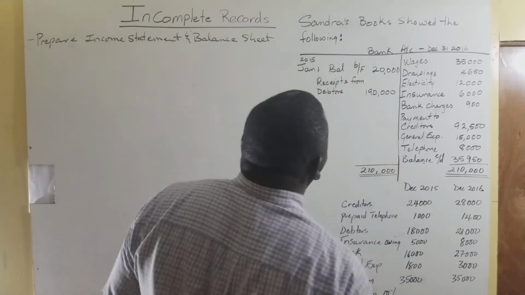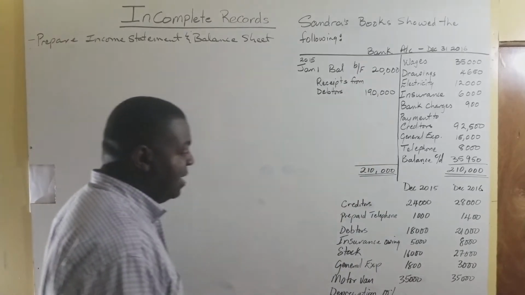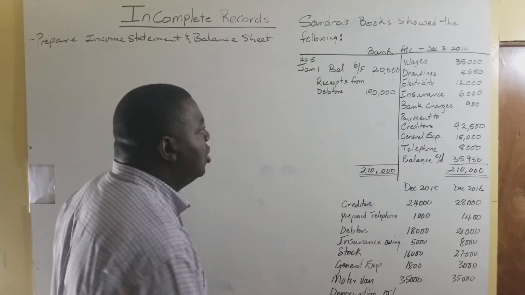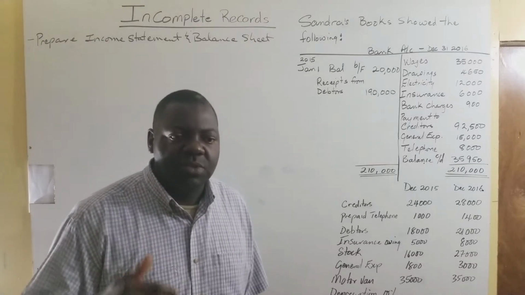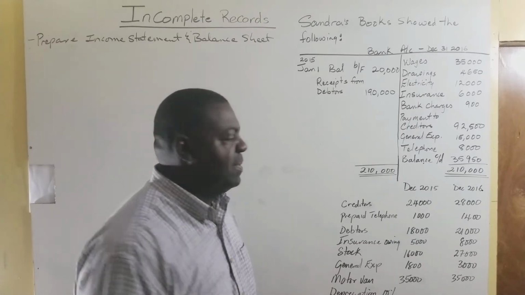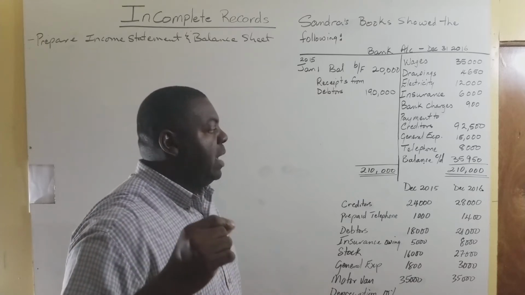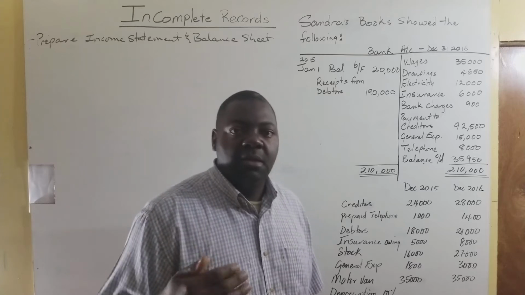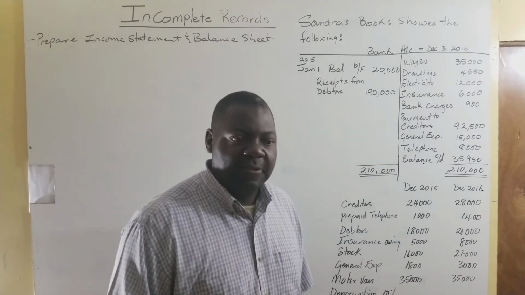We're working with Sandra's books, and this is what she has provided us. So the first thing we're going to do, we're going to be ascertaining Sandra's capital. We're going to try to determine Sandra's capital from the information presented. Now, we are going to use the opening capital, the opening assets and liability figures, right?